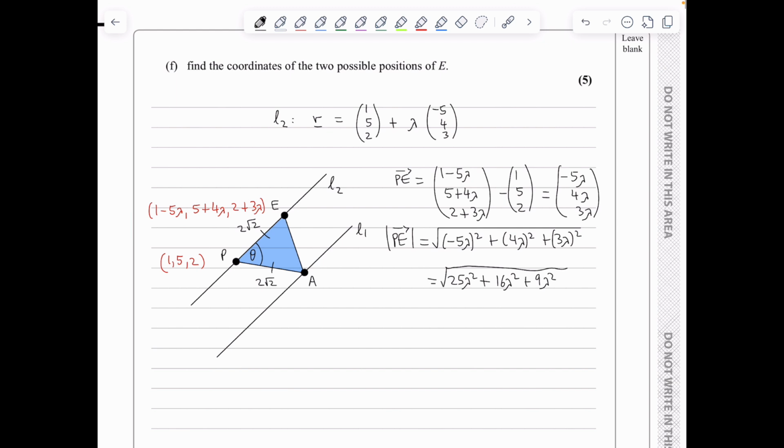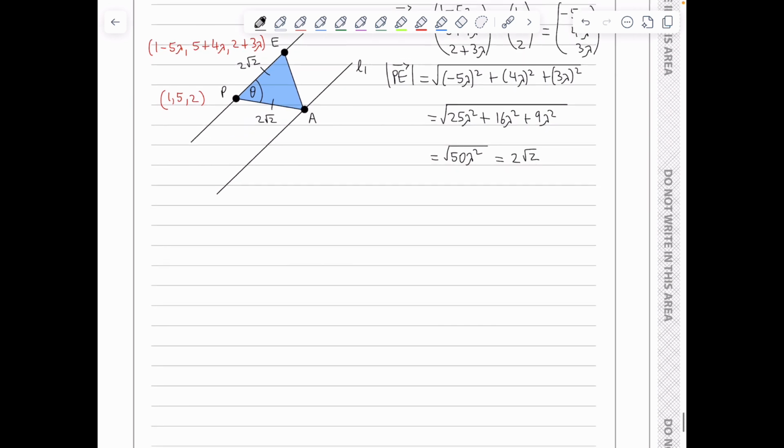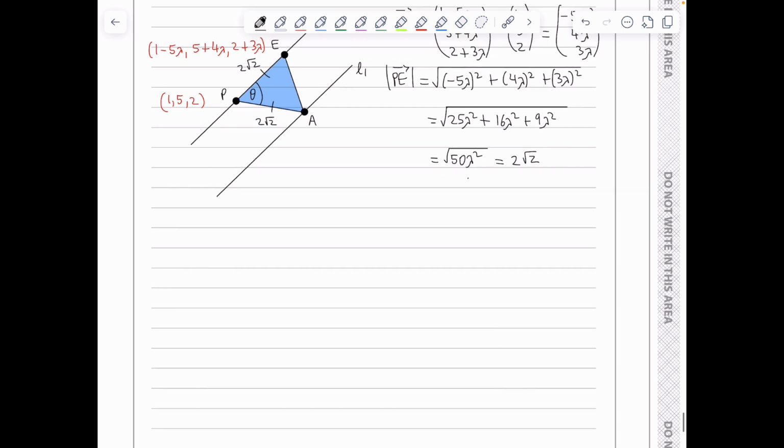And this simplifies to the square root of 50 lambda squared, and we know that this is equal to 2 root 2. So I can remove the square root by squaring both sides, leading to 50 lambda squared is equal to 8, and therefore lambda squared is 4 over 25, which means that lambda is equal to plus or minus 2 over 5.